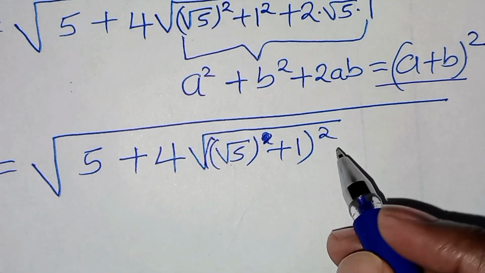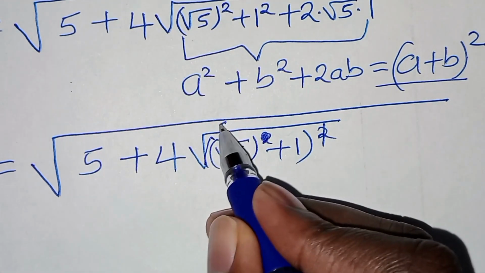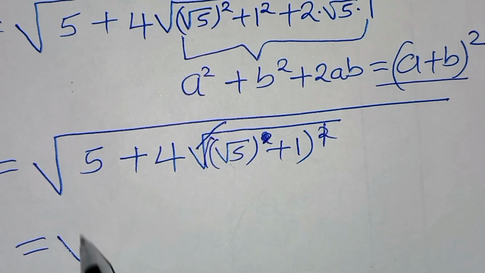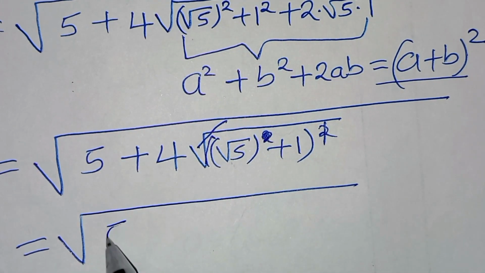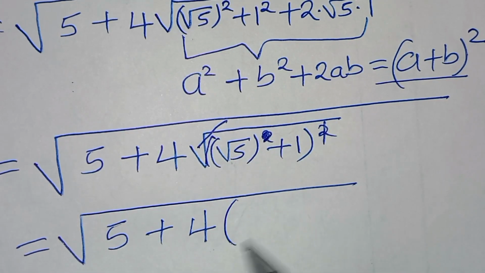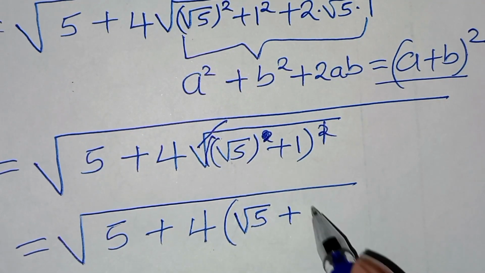So this implies that we can simplify and eliminate this square root sign. So that here we have the square root of 5 plus 4 multiplied by the square root of 5 plus 1.